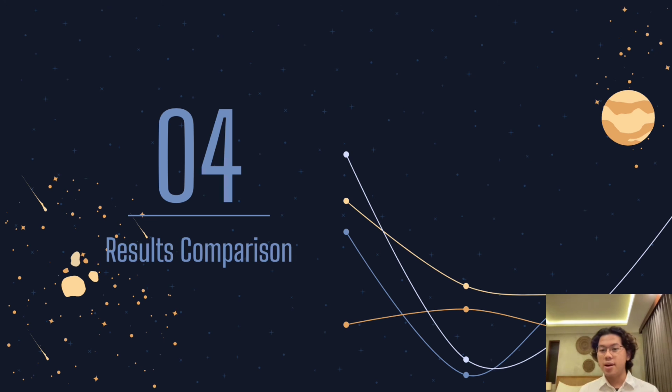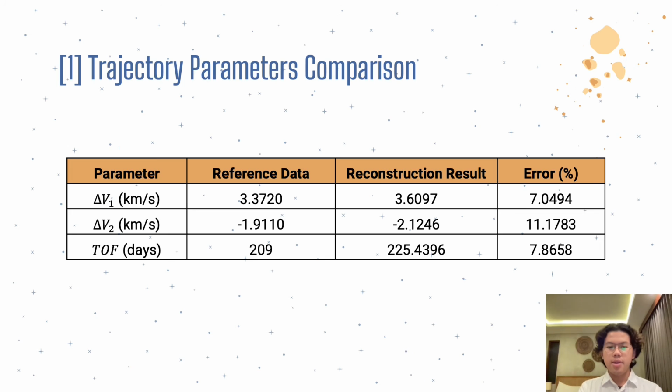So now we have come to the final part of the presentation, where we will compare the calculation results and the reference data that I have collected. So first is to compare the trajectory parameters, that is the first and the second velocity change, and also the time of flight. The error of calculation results shown on the screen arises due to simplifications used in my calculation.